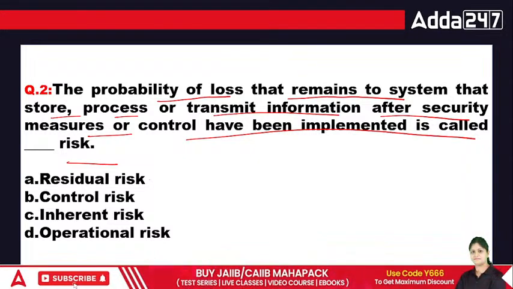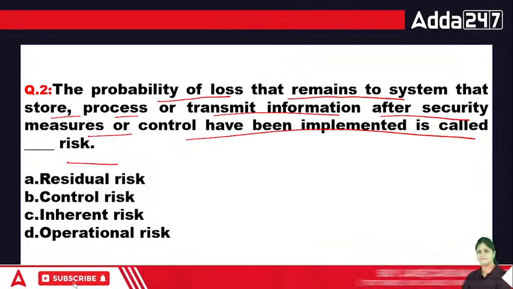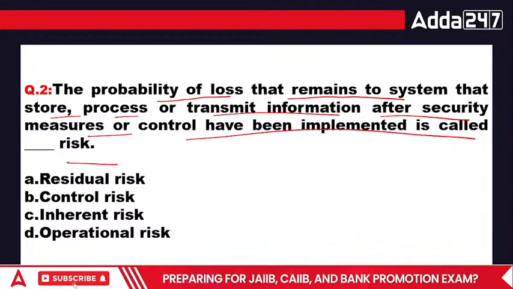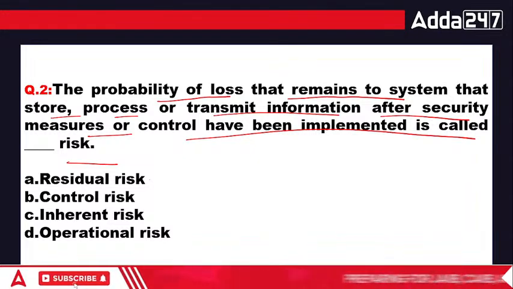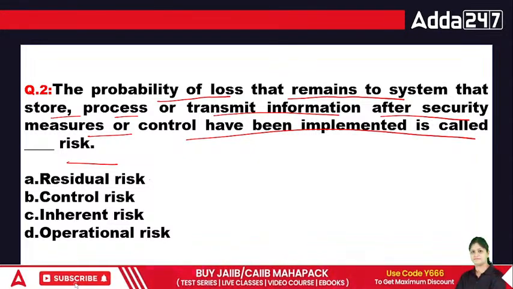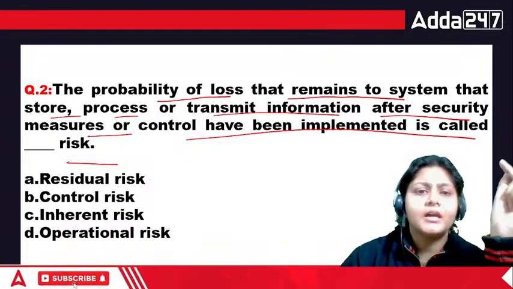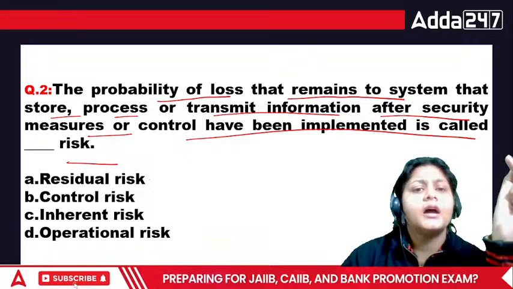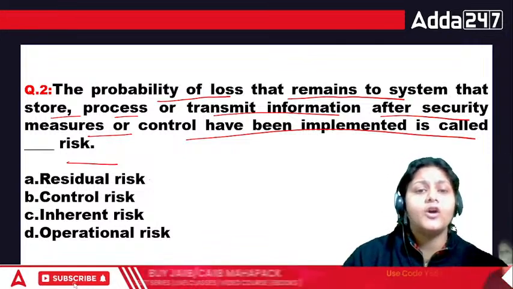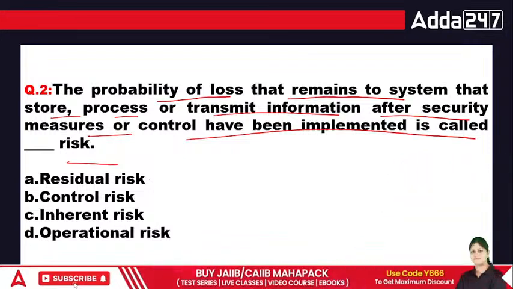Option A is residual risk, B is control risk, C is inherent risk, and D is the operational risk. Tell me which one is the right answer?